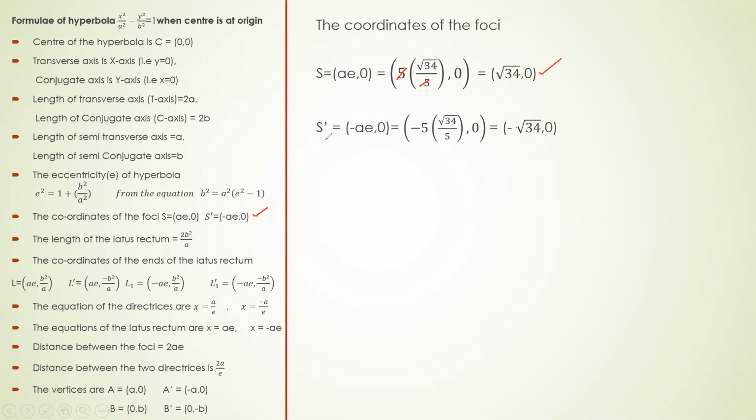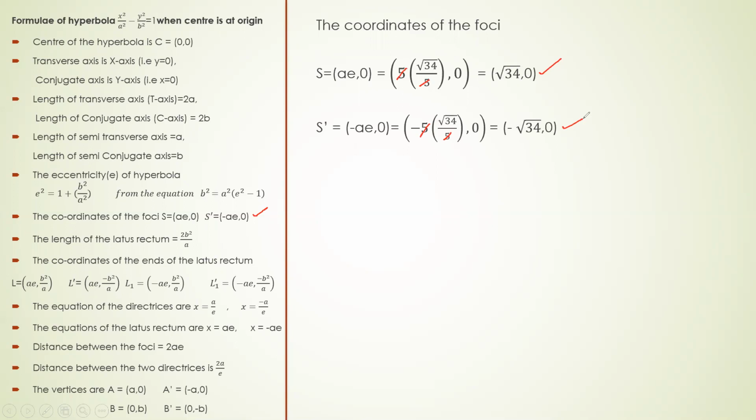Similarly, we have to calculate the other coordinate, that is S dash. S dash is given by minus AE comma 0. Minus, A value is 5. E value is root 34 divided by 5. Again here 5 and 5 get cancelled. So left out is minus root 34 comma 0. This is the other coordinate.